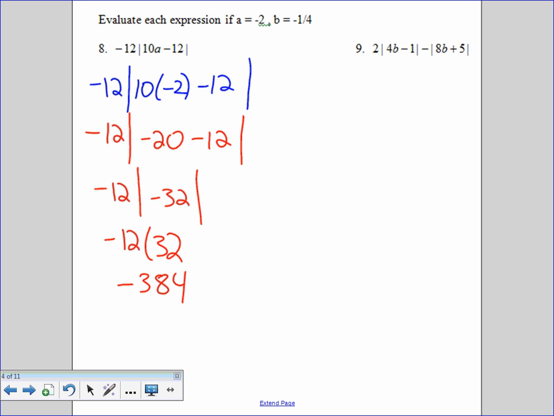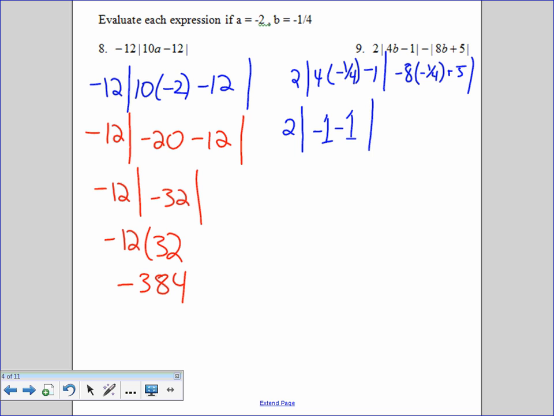Number 9 over here, I'm going to sub in, and I will get 2 times 4 times negative 1/4 minus 1 minus 8 times negative 1/4 plus 5, absolute value. So this is going to be 2 times negative 1 minus 1, here, so we don't get confused.